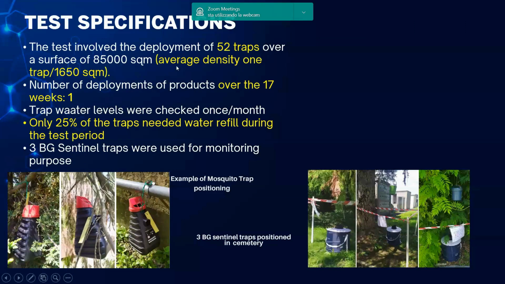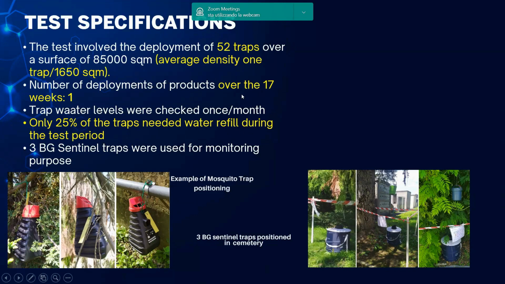It was one every, I think this is square feet, because it's not square meters. It's 1,650 square feet, and not meters. They positioned 52 traps. What is relevant was that only 25% of the traps needed a water refill during the test period.